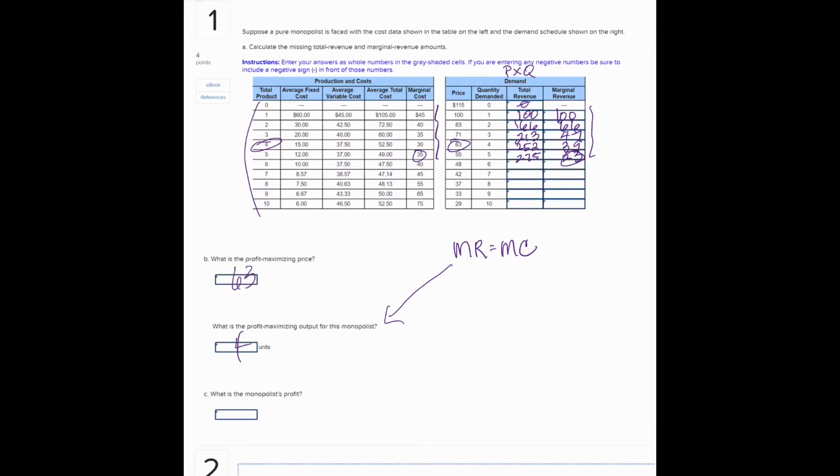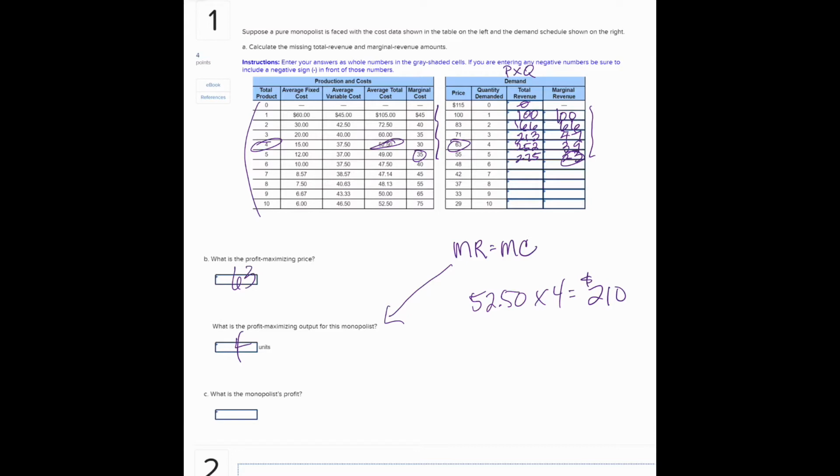And the monopolist profit for producing those 4 units can be calculated by taking the average total cost, so we take 52.50 times those 4 units, and it gives us total cost. And that total cost is $210.